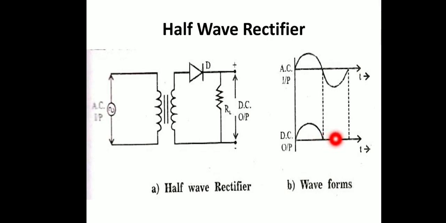That's why it shows a straight line. So here is a zero value. Again the sinusoidal waveform continues, the polarity changes, and again in forward bias condition you can draw another half wave. So this is the pulsating DC current, not a pure form.